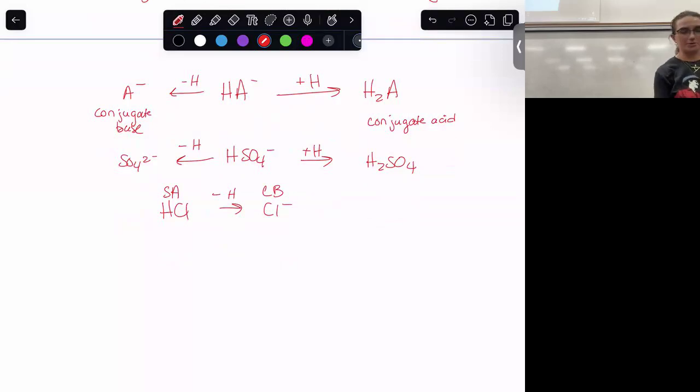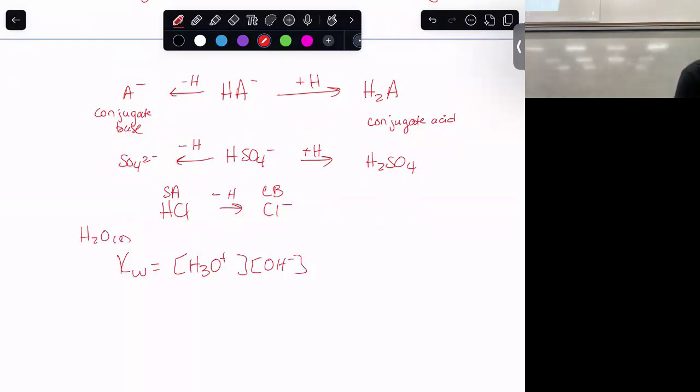Yeah. So Kw is the dissociation of water, which is H3O plus and OH minus, right? Where water is acting as both an acid and a base.